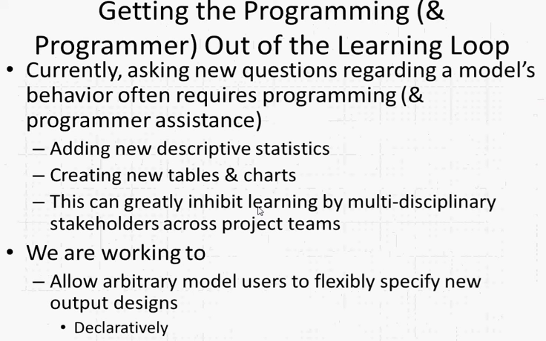Now, the key thing here is getting the programmer out of the learning loop, getting them out of the way of experimenting with the model, learning from it. And traditionally, models from diverse backgrounds, but especially in the agent-based context, have been subject to this limitation that in order to see a new output, in order to investigate a new intervention, you've had to go to someone and ask them to change it and wait a week or two or sometimes longer for them to actually make that change.